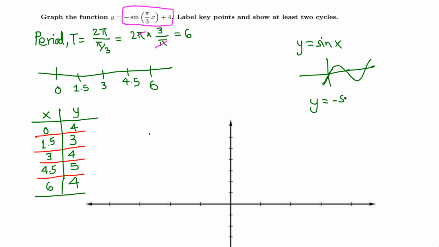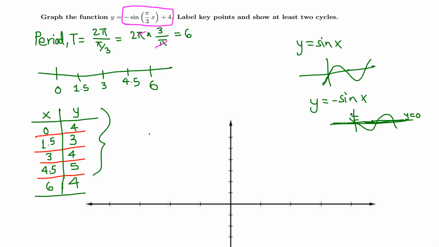Y equals negative sine x means now instead of going up from here, we will be going down. That's negative sine x. The x part means we have something else that we take care of from this table. Plus 4 means we need to shift this graph up 4.